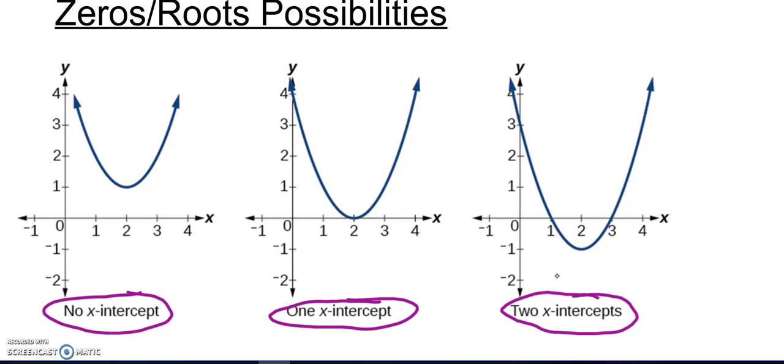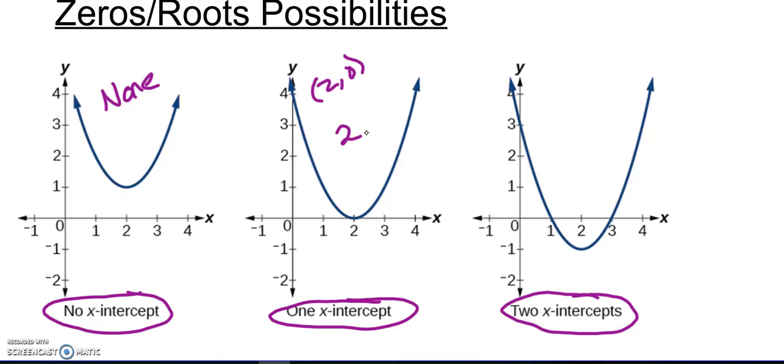So when it comes to identifying roots or zeros, for the first one you would say none, because it has no roots or zeros. The second one, you could say it has one zero, but you'll actually identify where that zero is. So you could either say (2, 0), just actually label the point, which happens to be the vertex as well, or you could say 2.